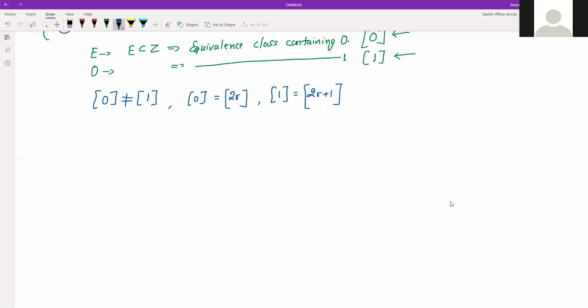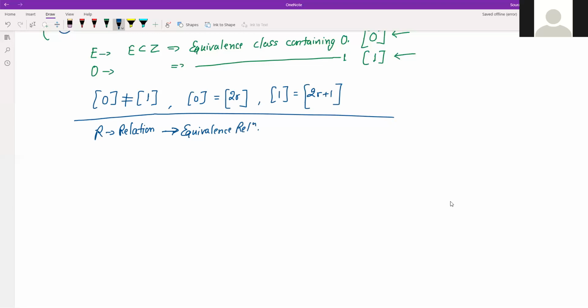So given an arbitrary equivalence relation R in an arbitrary set X, there is some set X on which R is an equivalence relation.